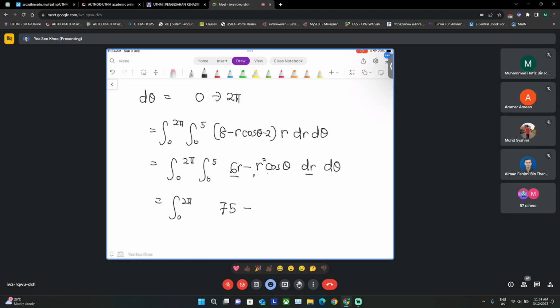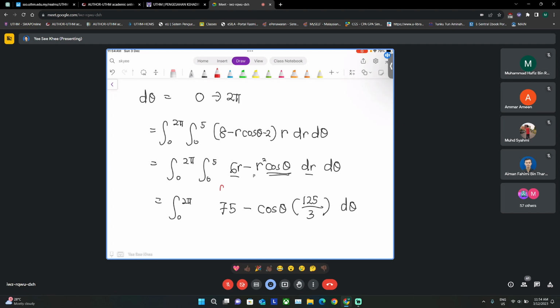Minus, now you take out this cos theta. So you integrate r squared from 0 to 5, and you get 125 over 3.